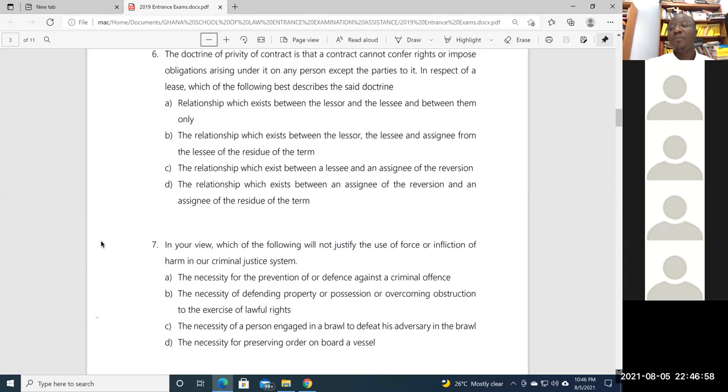So therefore, an assignment becomes an exception to the principle. And that is why B cannot be the answer.